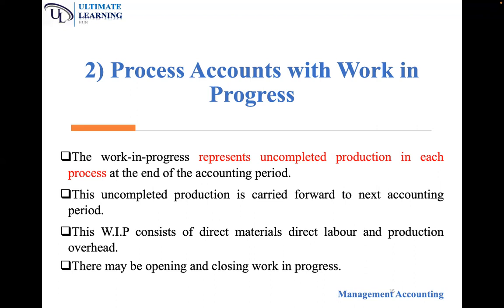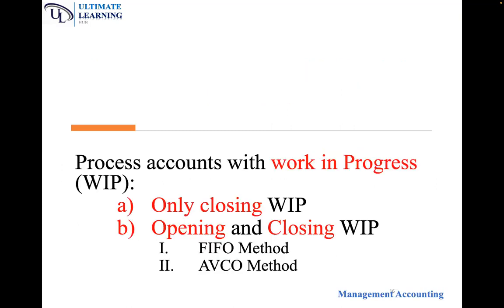Out of process one, you can only have closing work in progress, because process one is the first process. So in a first process, there is no work in progress from the previous, because if we are in period one, previous is period 0. So whenever you've been given questions on work in progress, confirm from the question, is there closing work in progress or is there opening work in progress?